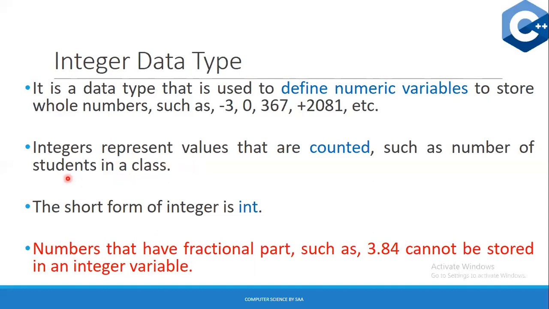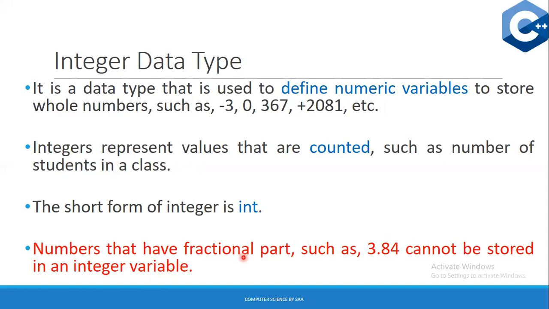The number of students in a class can be 35, 37 or 40, not like 30.1. So we use integer to represent the values that can be counted. The short form for integer in programming is int. We use the reserved word int, and then we declare the integer data type variables.